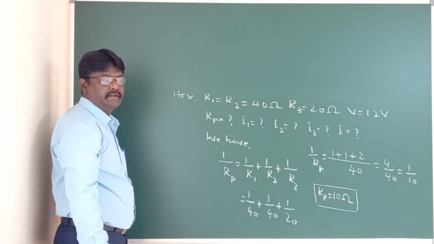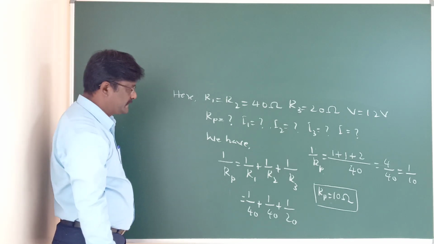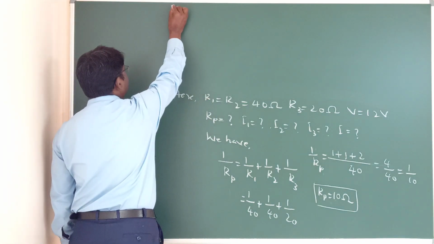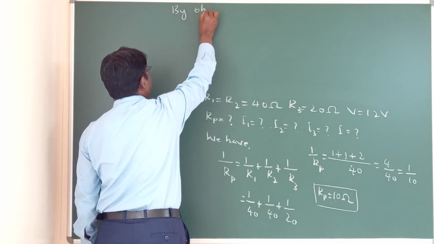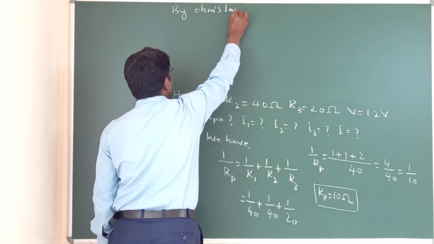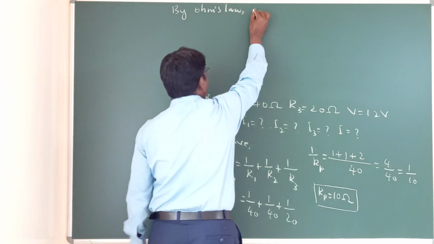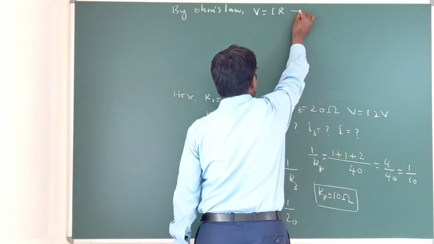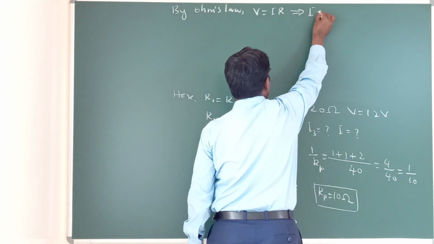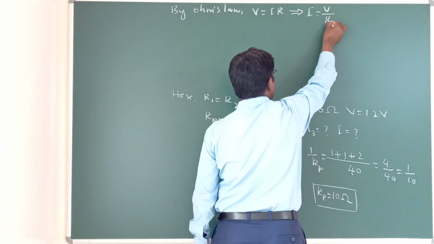Next we need the current through each resistor. For that we shall take the help of Ohm's law. By Ohm's law we have V equal to IR. This implies I equals V by R.